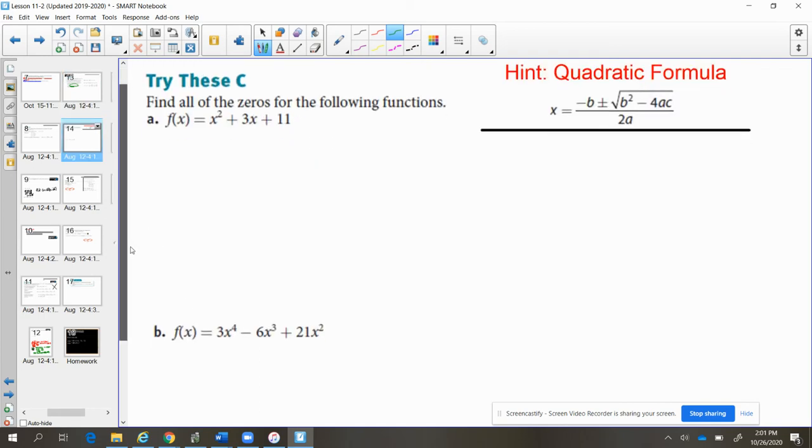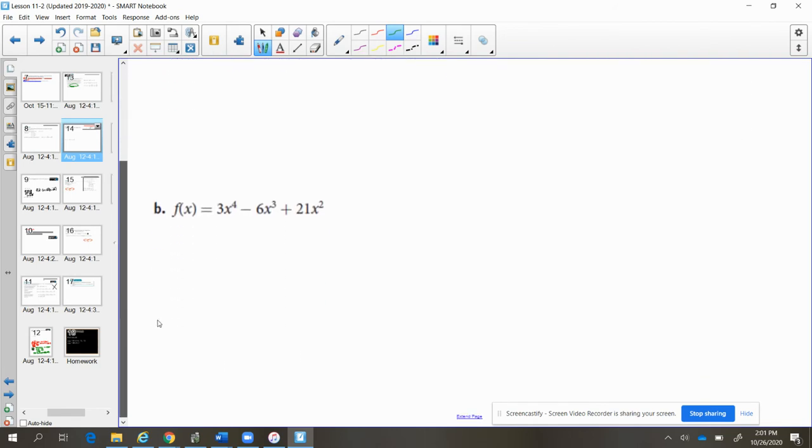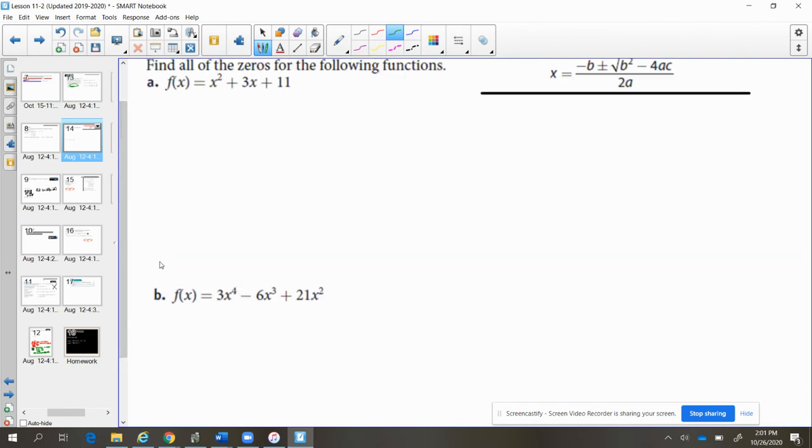Okay, so let's look at a couple of examples of this. Let's look at part B together. And again, there's our quadratic formula. If we start factoring this first part, let's look at the fact that there is a greatest common factor of 3x squared to start. So we have x squared minus 2x plus 7 left after factoring out the greatest common factor.